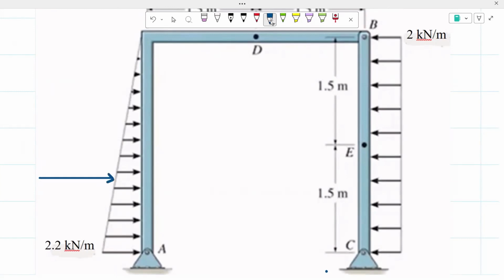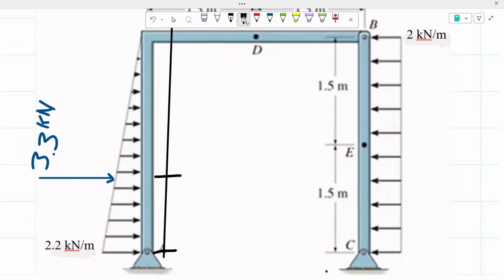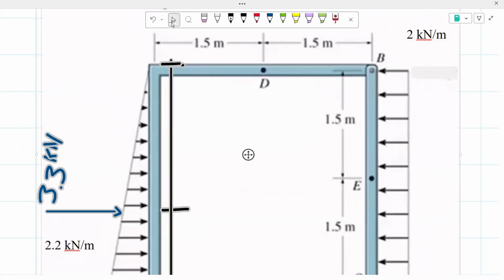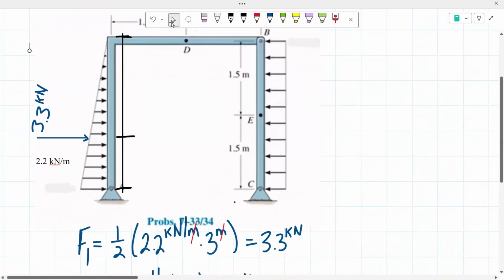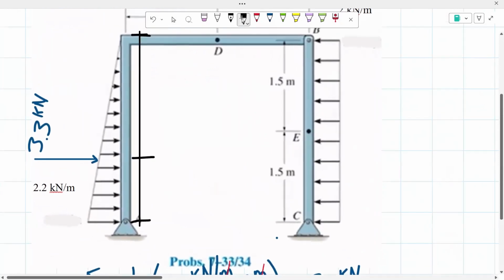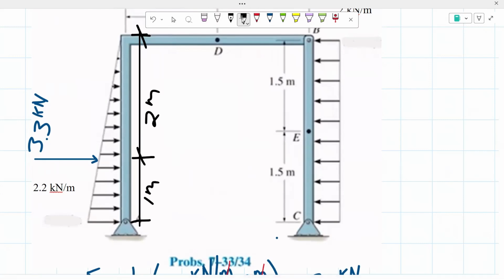We said with a value of 3.3 kilonewtons. And since we did say that it is 1/3 this way and 2/3 this way, if we were to include some dimensions, we know then that from here to here is 2 meters and from here to here is 1 meter, since we know there is a total distance of 3 meters.